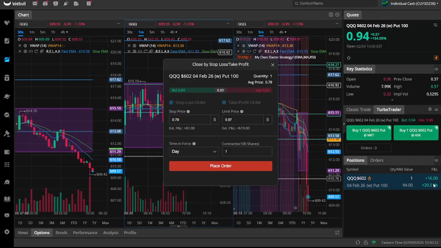Plus 11, plus 16. So the stop price I'll put at 90 maybe. Take profit I'll have to put quite a bit higher.